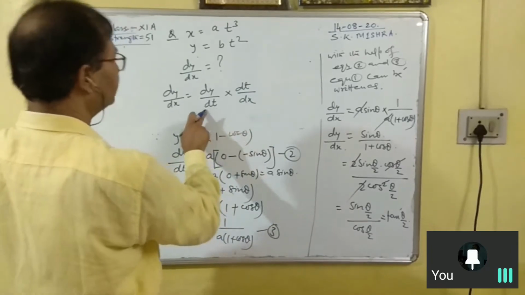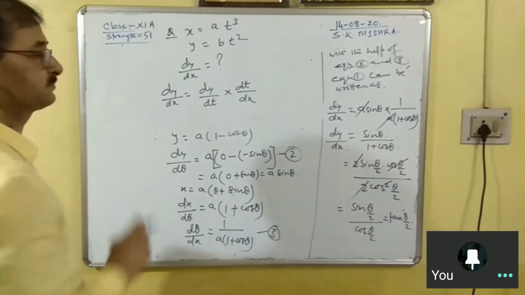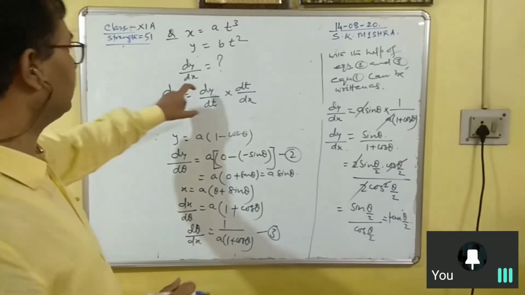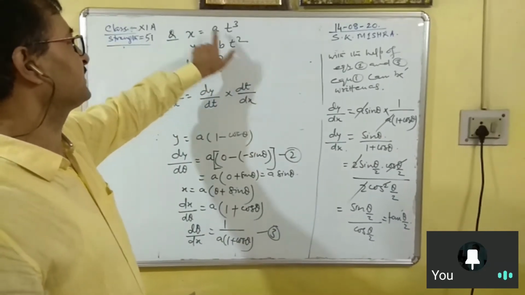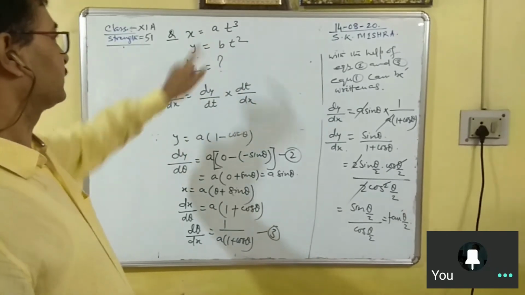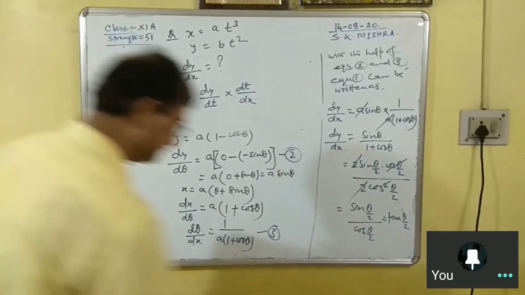Same thing, dt will cancel out, then again you are finding dy by dx. So how will you find dy by dt? By differentiating equation 2. This is equation 1. So from second relation, y is equal to b t square.